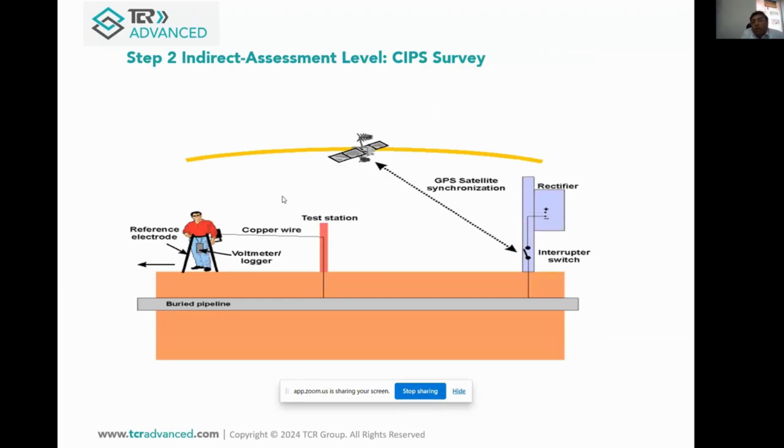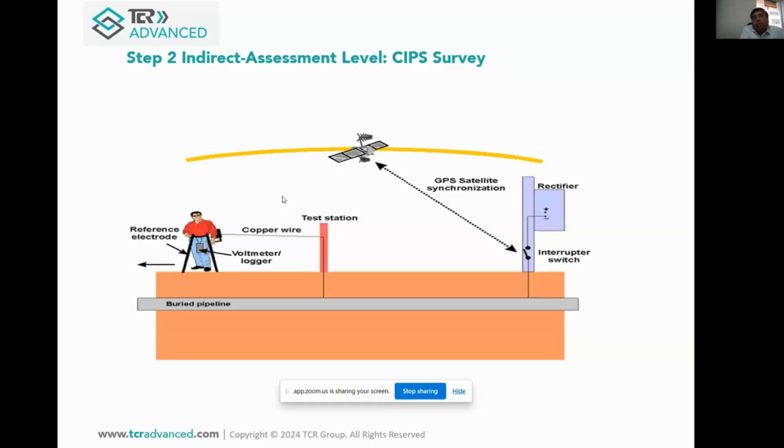Now, another critical indirect assessment is CIPS, which is close interval potential survey. This will identify coating defect zones. In this survey, as can be seen in the diagram, a person with the help of a voltmeter, data logger, and copper wire, which he will connect to a test station, will take the reading on the entire length of the pipeline at every meter, with the help of a GPS satellite synchronized interrupter switch.